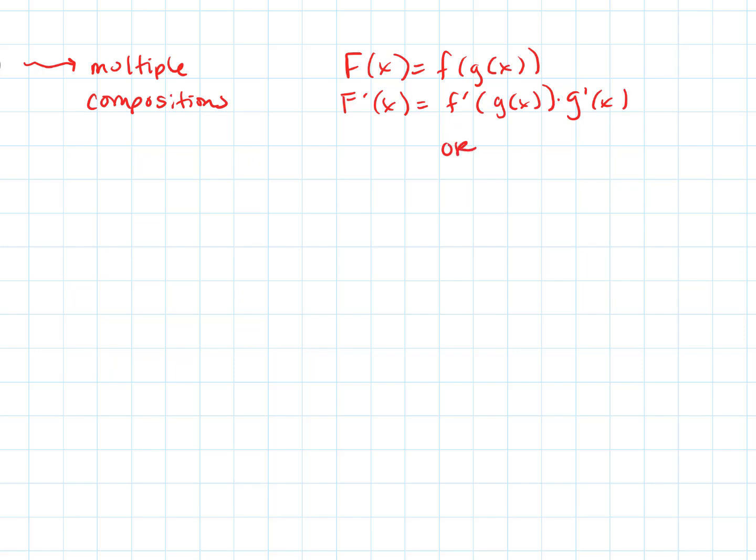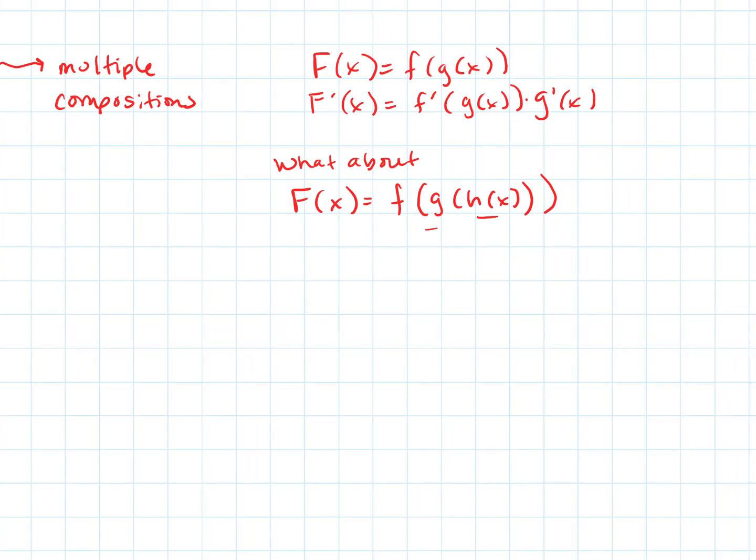So what happens then if our function is a composition of more than just two functions? What if it's layers of functions? What if we have h of x composed into g of x composed into f of x? So we've got 1, 2, 3, like the particular example we're looking at. How do I deal with that?